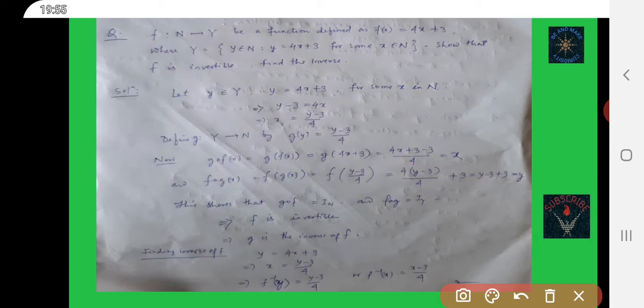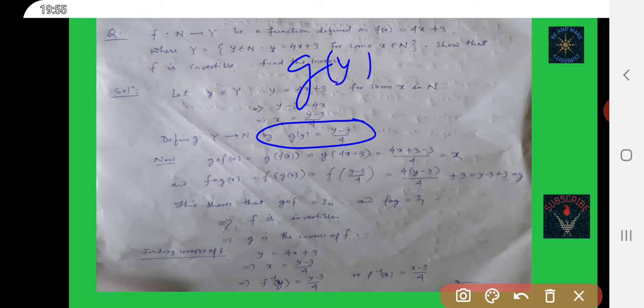Okay, so see here, gof of x is equal to g of f of x. Here you see f of x is equal to 4x plus 3. So you write 4x plus 3 in the place of f of x. Then as you know, we have defined g of y is equal to (y minus 3) by 4.